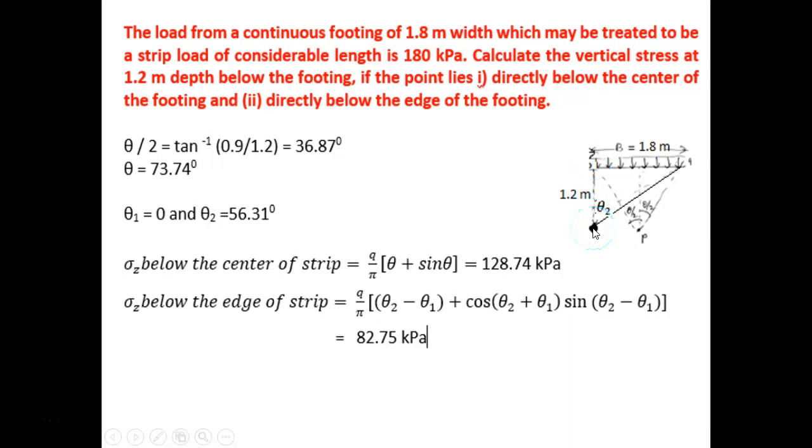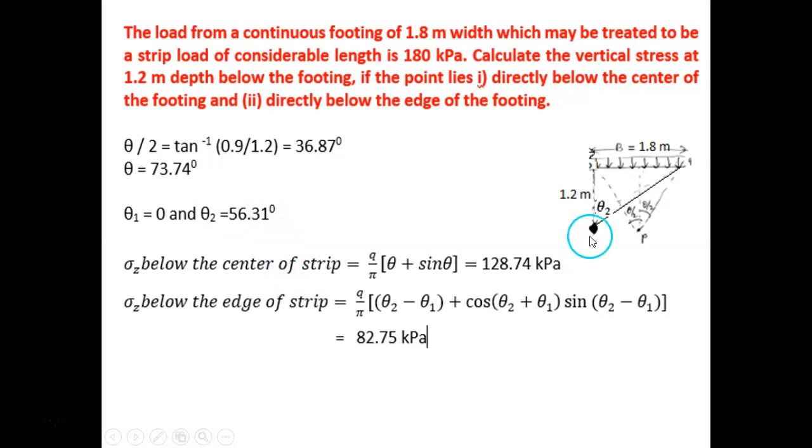Theta 1 will become 0, where theta 2 will be 56.31 degrees. From this right angle triangle, we can write tan theta 2 equal to 1.8 by 1.2, from which we will get theta 2 as 56.31 degrees.